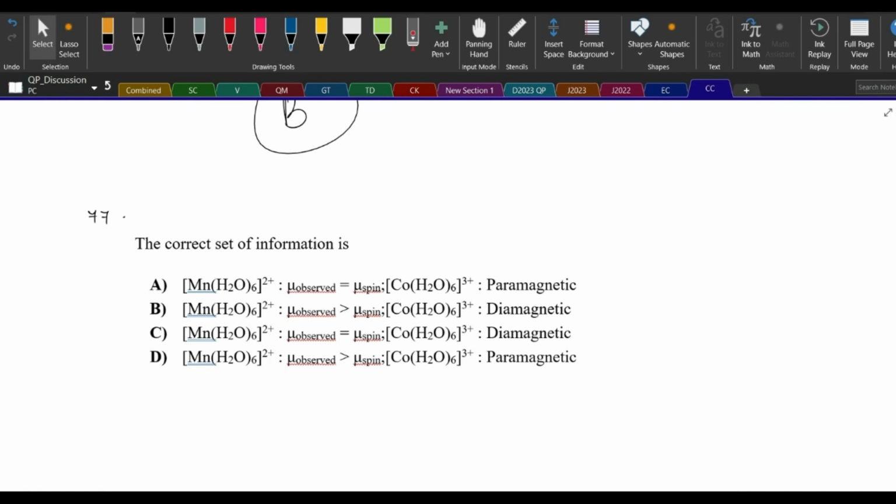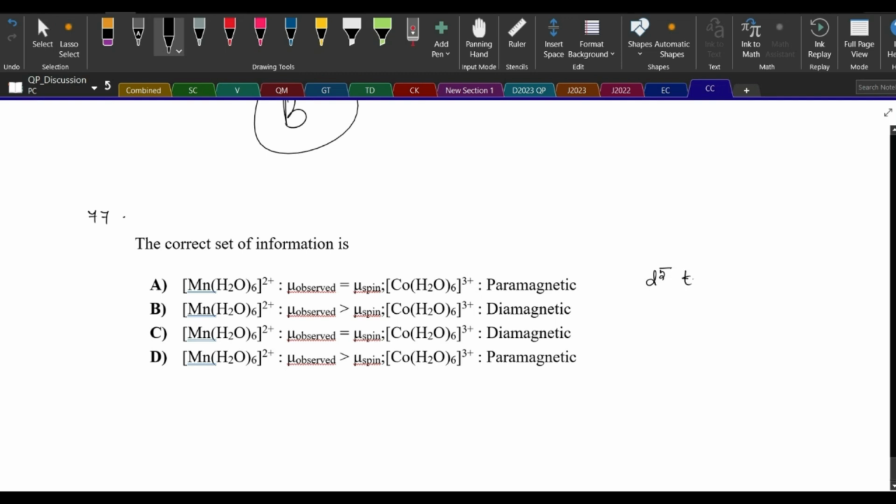Which is the correct answer? ഒരു minute. Yes, so over here, what we can see is manganese plus 2 on a D5 system.